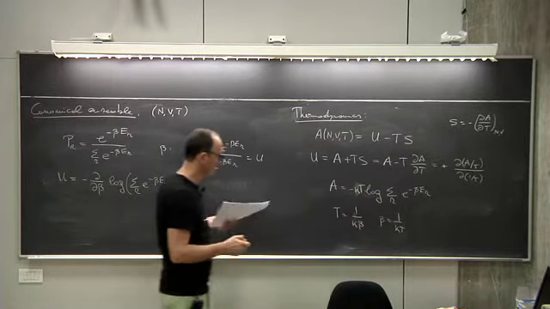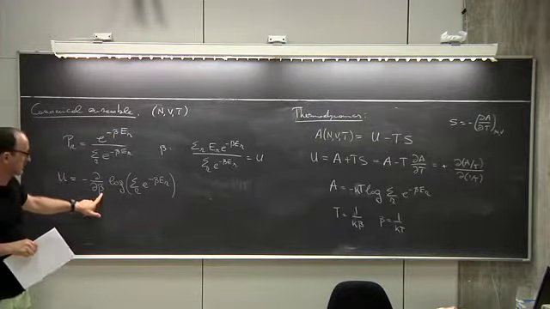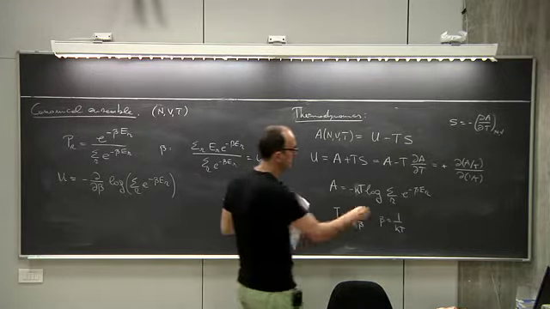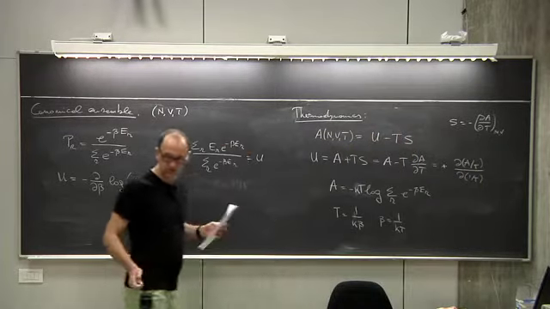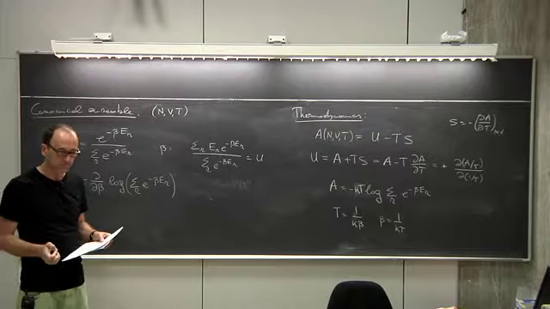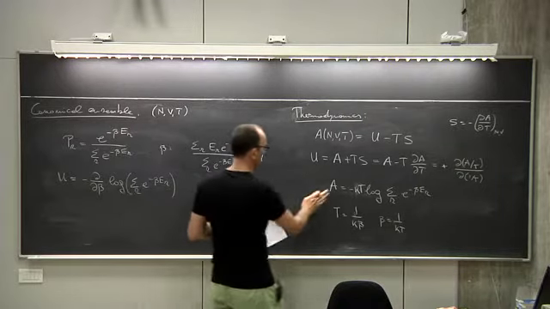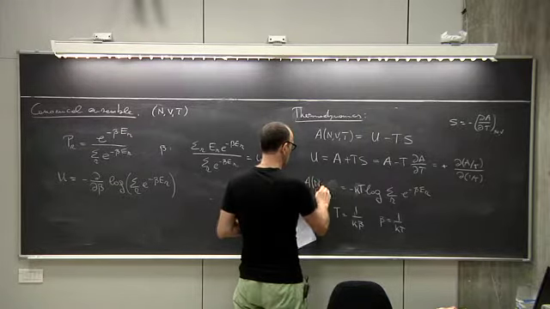Yes, sorry. If I put a k here and a k here, then you see that I can identify these two things. Okay, so this is the key equation in the canonical ensemble.